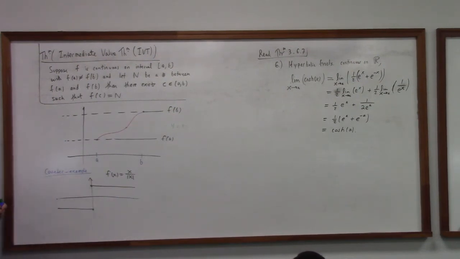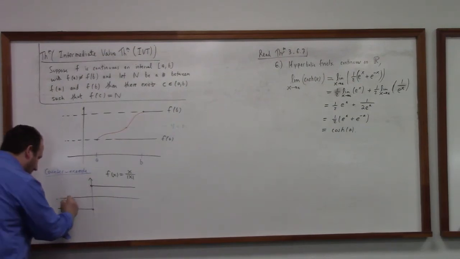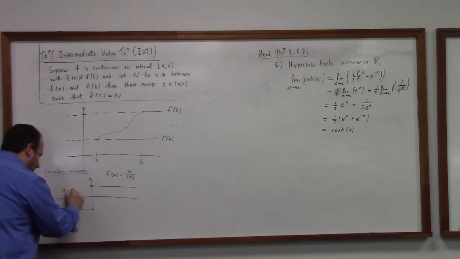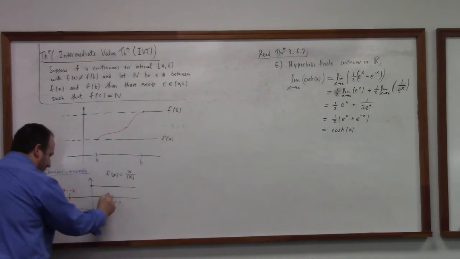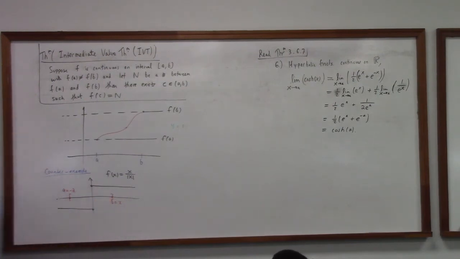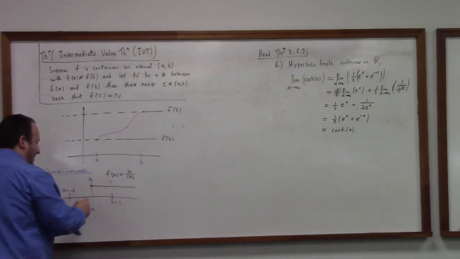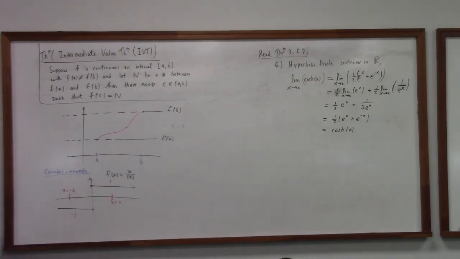So I could look at, say, a equals -2, and b equals 2, for example, right? Look at that closed interval for that function. Is f of a equal to f of b? No, they're not equal. -1 is not equal to 1, right? Pick any value you like between -1 and 1.